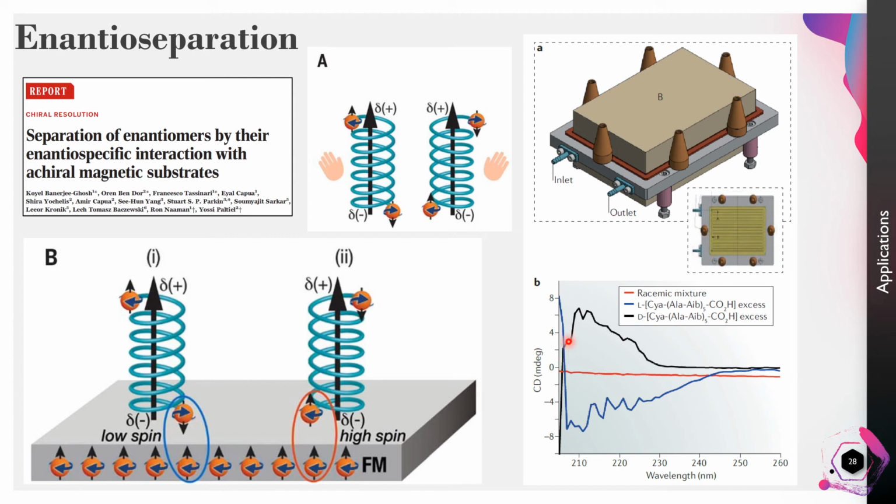By applying one magnetic field, they're able to show the preferential adsorption of one chiral compound as opposed to the other. They basically just measured the circular dichroism, the CD spectra of the mixtures, and they found that they were able to preferentially absorb one enantiomer over the other, just using magnets.